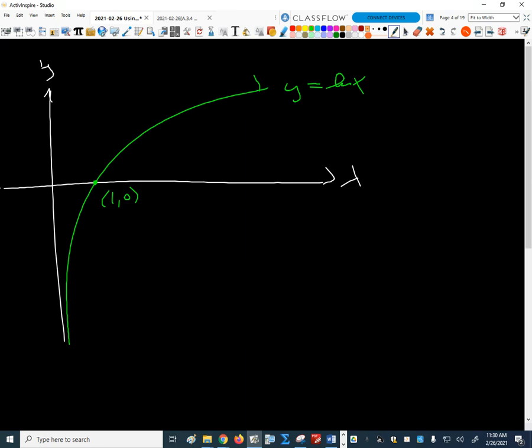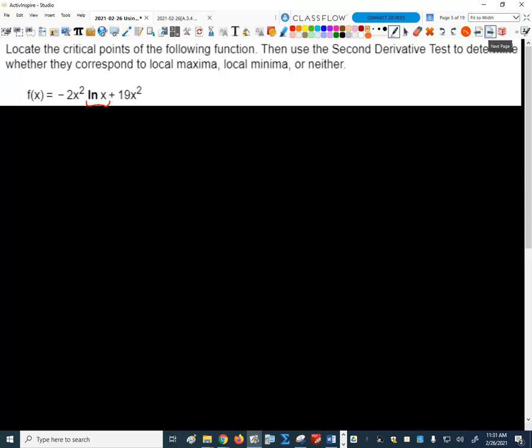Any base log is going to look essentially like that. This is a base e log; if it's a base 10 log, it's going to be the same shape, slightly distended, but that's what they all look like. So what's the domain of a log function? Right? We have a log function here, and so our domain is x is greater than 0. So there's our domain. Okay?